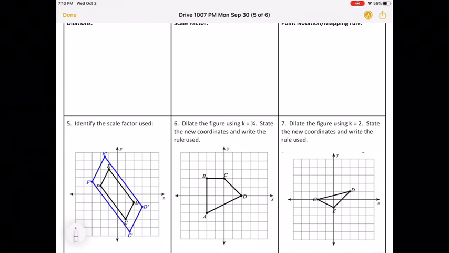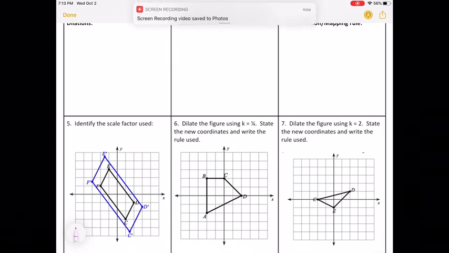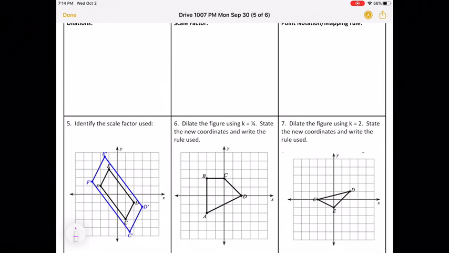Okay, sorry, I couldn't get it to scroll, but the next part of your notes for today is dilations. A dilation is actually a change in size. So reflections, translations, and rotations all ended with a congruent shape because they were the same size, just in a different location, all right?